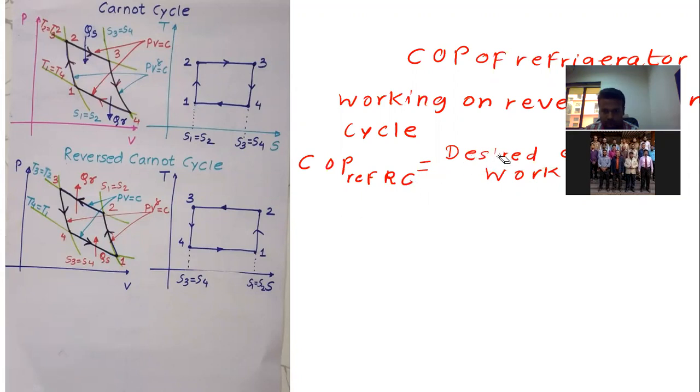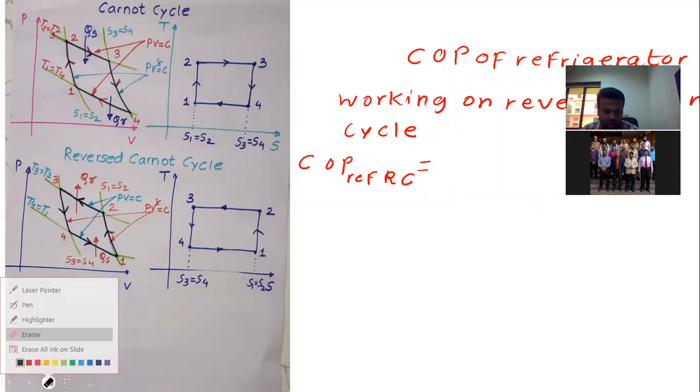I'll just rewrite this formula again. What is the formula for COP? As you can see, it is the ratio of the desired effect upon work input.